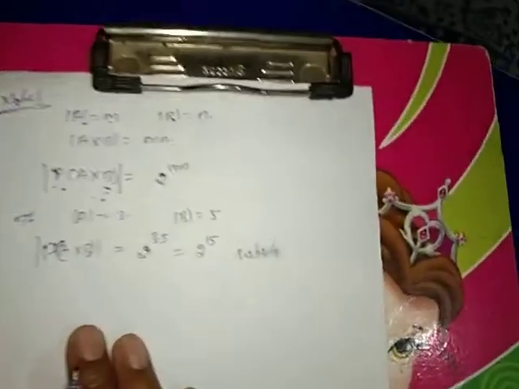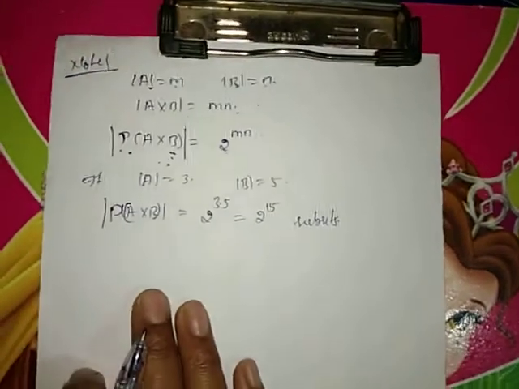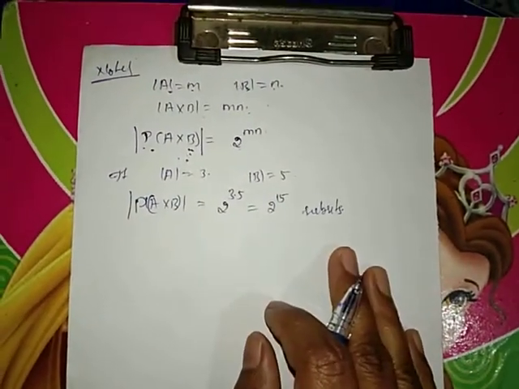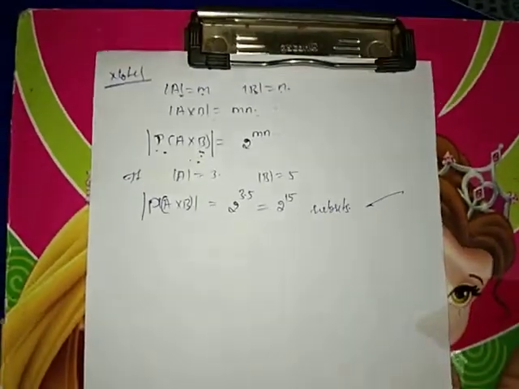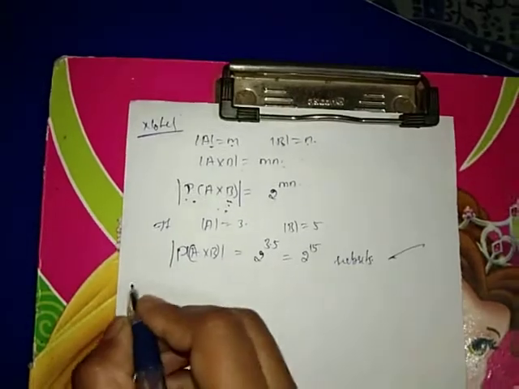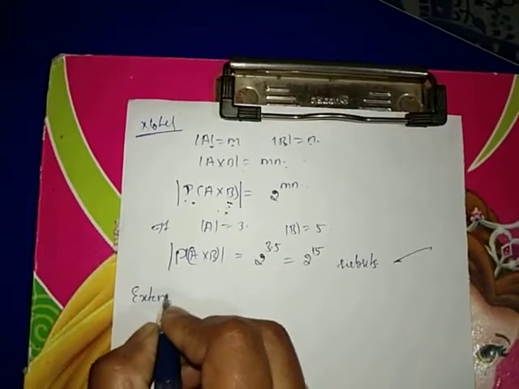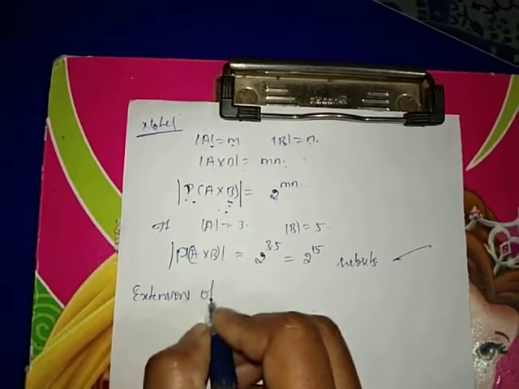This means the number of elements in P of A cross B is equal to 2 raised to 15. We already know how to form the subsets. Next I am moving to the extension of the Cartesian product.